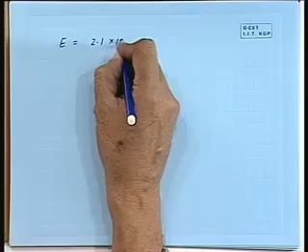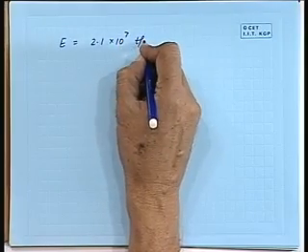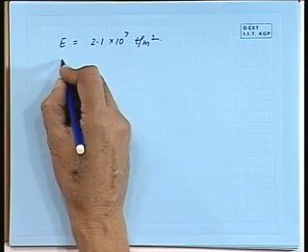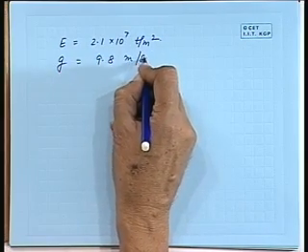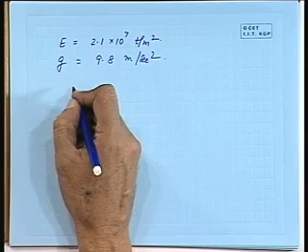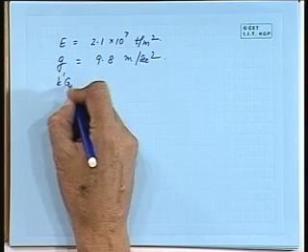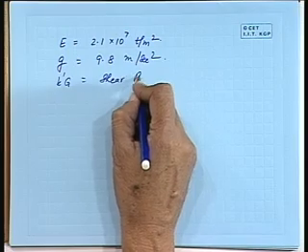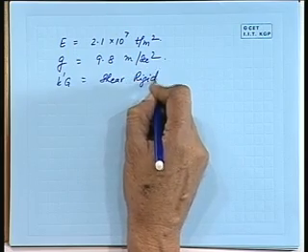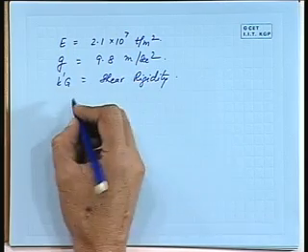Okay. Now, the value of E he takes as 2.1 into 10 to the power 7 tons per meter square. G value he has taken as 9.8 meter per second square, and he says K dash G is the shear modulus, the shear rigidity. And this comes straight away from the beam theory.